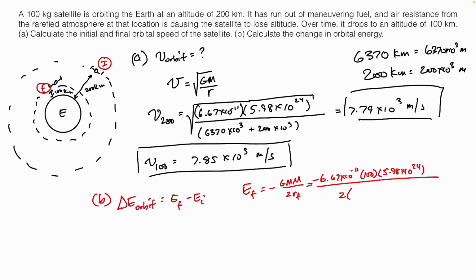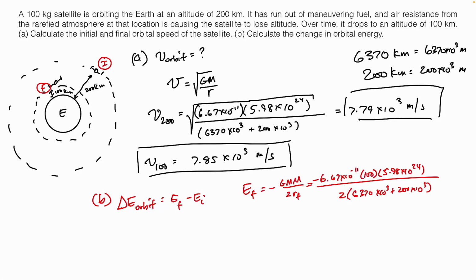And then I've got to get, this is 6... Can I just write 6570 times 10 to the 3? Will you guys be okay with that? No? I just bamboozled you there. 6370 times 10 to the 3 plus 200 times 10 to the 3.